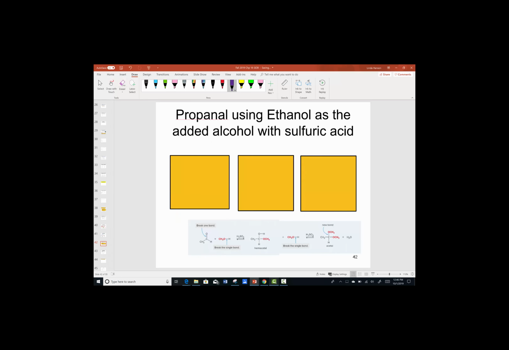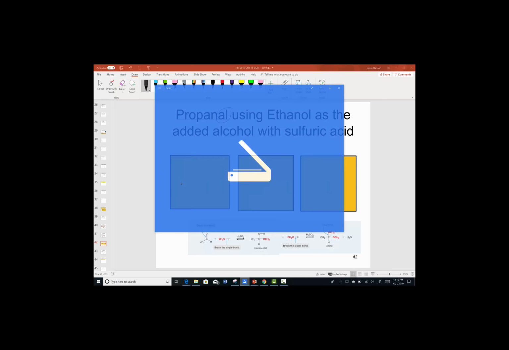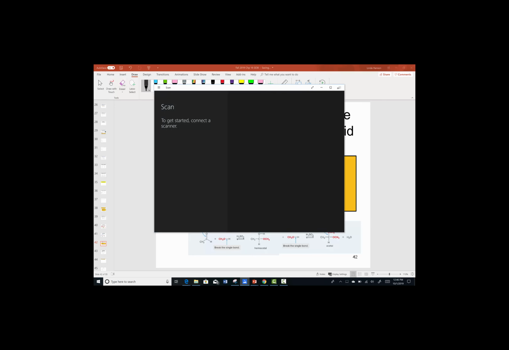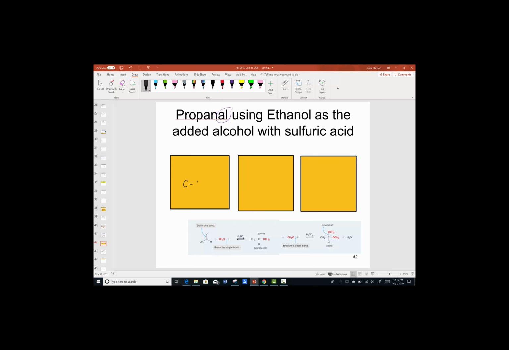When we think of propanal, here this AL ending, propanal, must be an aldehyde. AL is aldehyde. And we use ethanol added to sulfuric acid. Let's walk through this stage by stage. First of all, I noticed that propanal is a compound with 3 carbons.